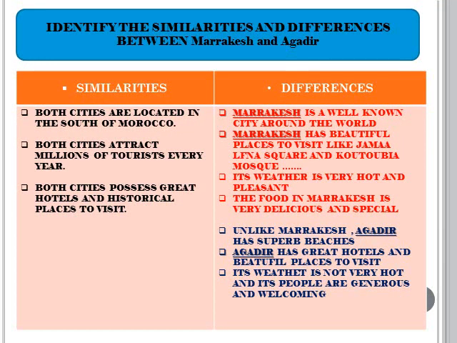Identify, of course, the similarities between Agadir and Marrakech. Here we want to talk about similarities, the shared things. Both cities are located in the south of Morocco. Both cities, of course, attract millions of tourists every year.